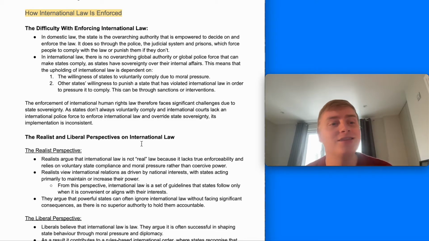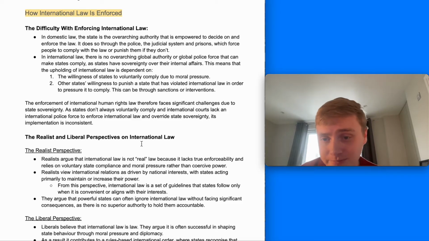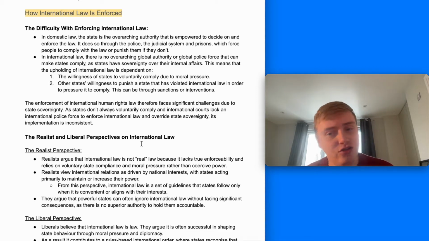And crucially, that means that the upholding of international law is very dependent on the willingness of states to voluntarily comply due to moral pressure, and the importance they place on themselves and other states place on them of upholding international human rights. It's also based on other states' willingness to punish a state that has violated international law in order to pressure it to comply, and that could be through sanctions or potentially through international humanitarian interventions, which we'll look at more in the next video.